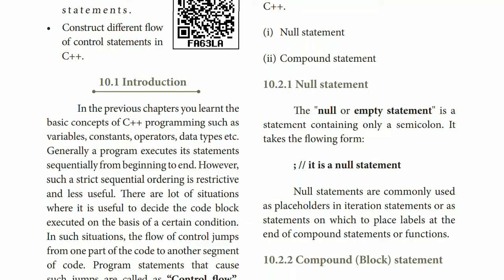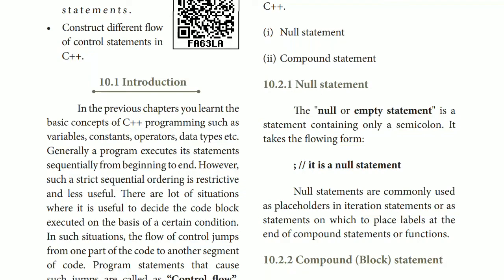Okay, when goto is used with a label and the label is found, the control will automatically move to that particular label. Okay, so it will start executing the code which is present after the label.